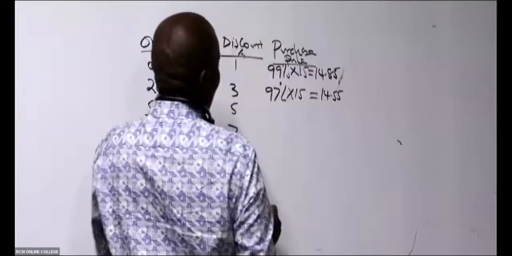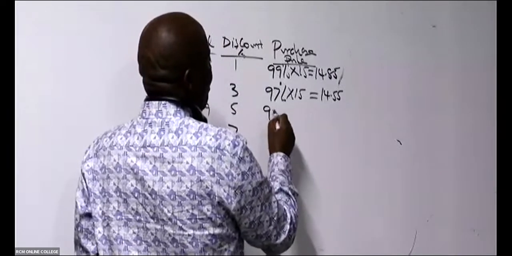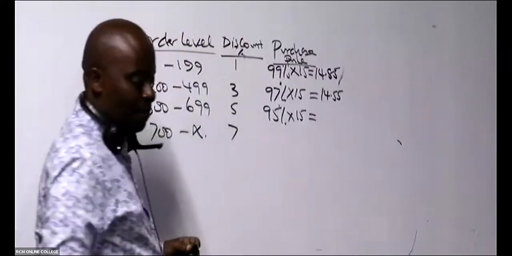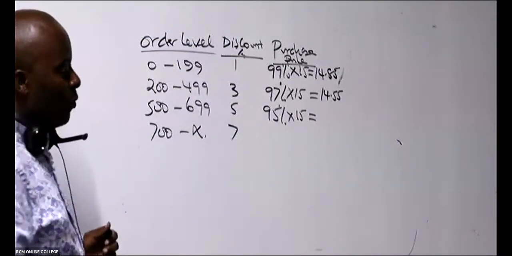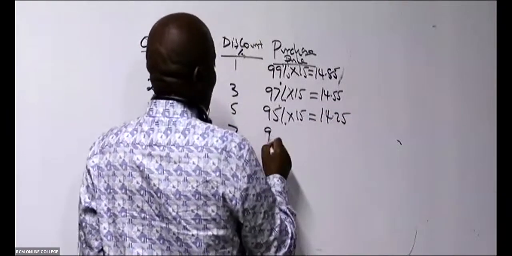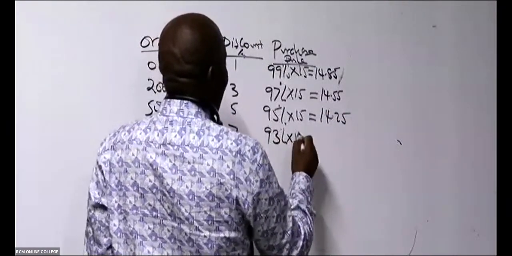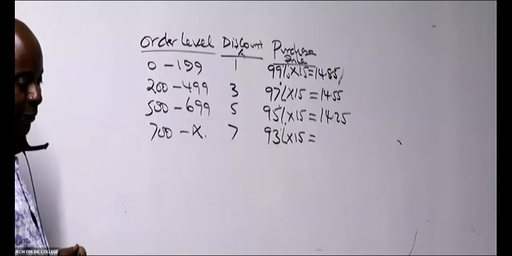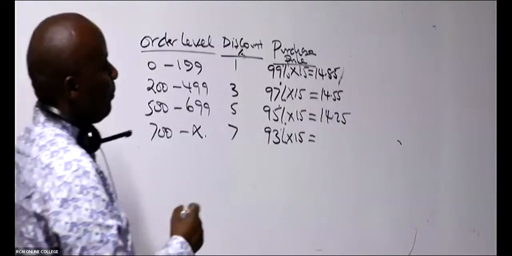If I'm given 5%, I'm procuring at 95% of 15, which is 14.25. Then 93% of 15 gives us 13.95.